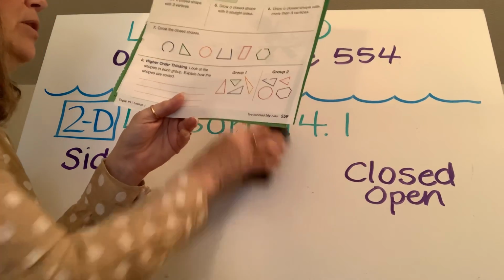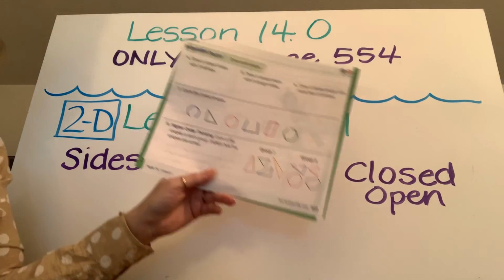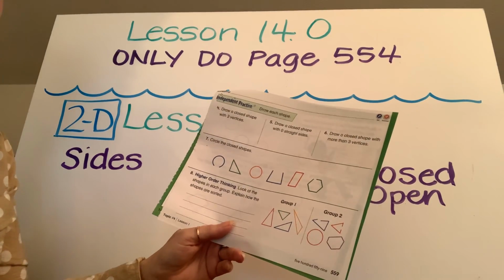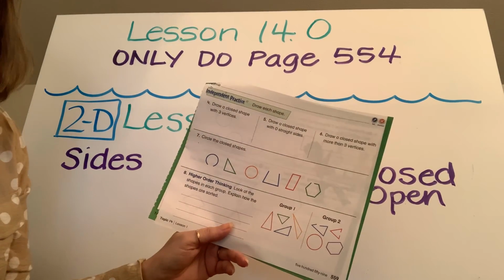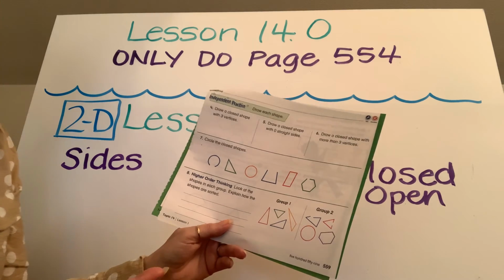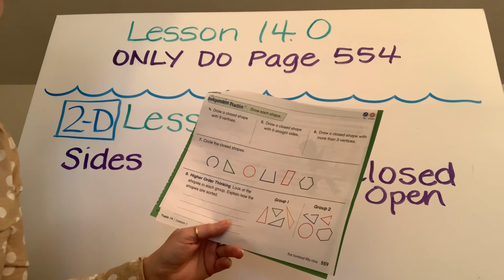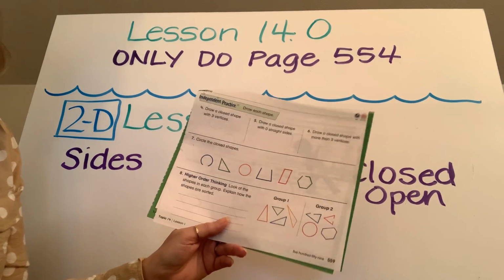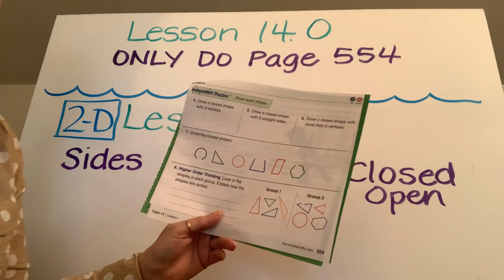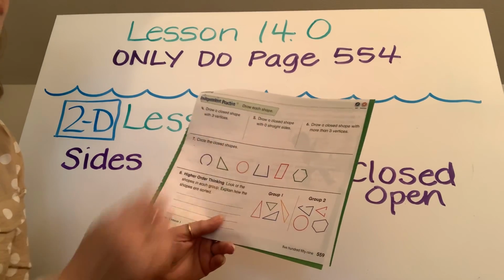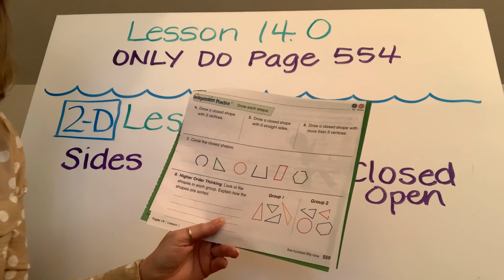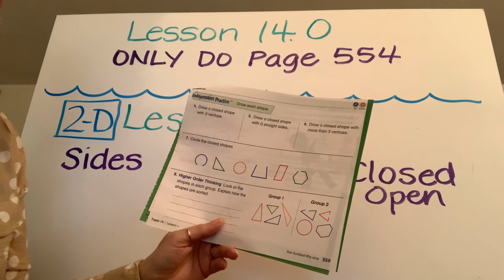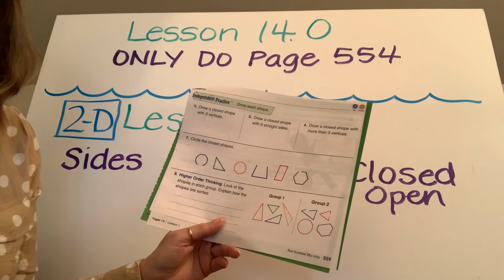Okay, now remember, vertices and sides are always going to be equal. So if it has 3 vertices, how many sides? Right, 3. Good job. I see everybody drawing triangles. Good job.